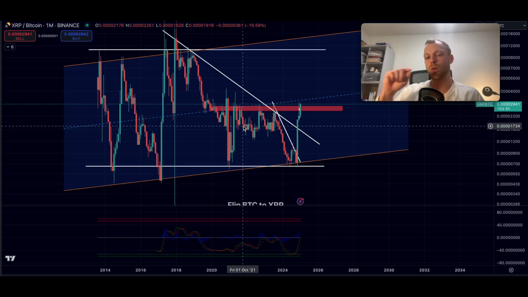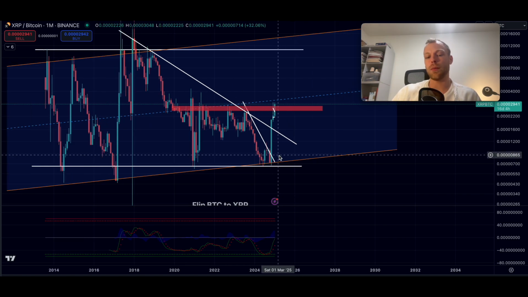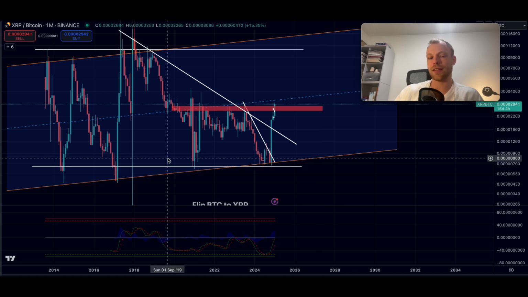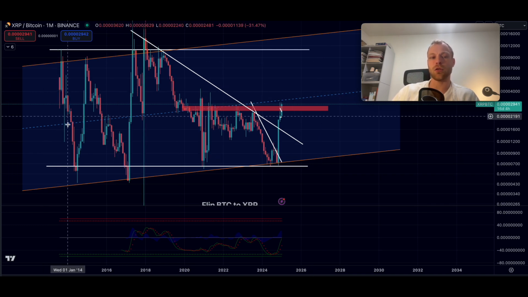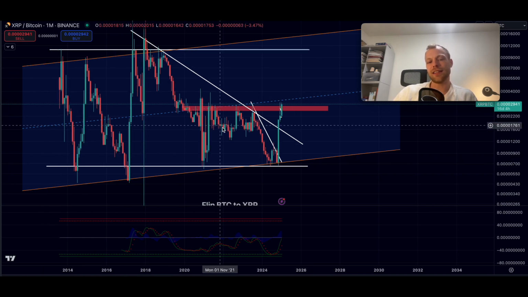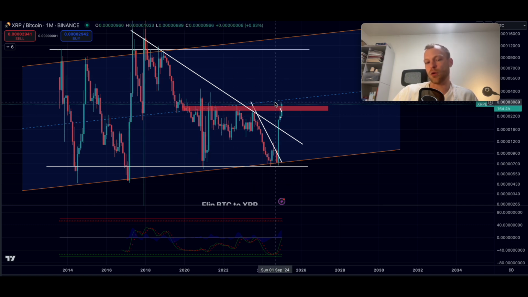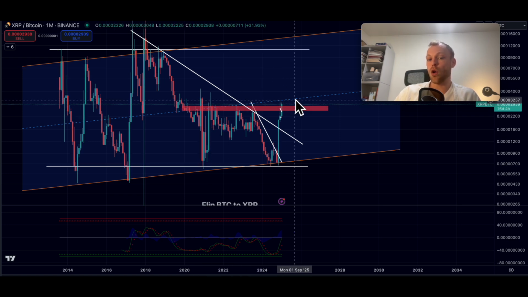Now we are going to have a look at this chart, and this is basically confirming what I just said, and that is the XRP against Bitcoin chart. This is just breaking out on multiple resistances, and this one also runs into some heavy resistance, like the middle of the channel.